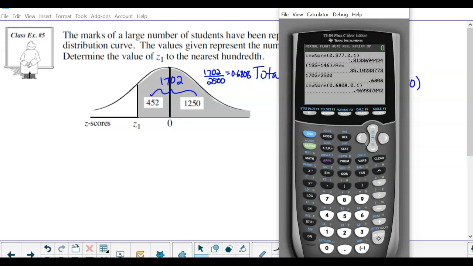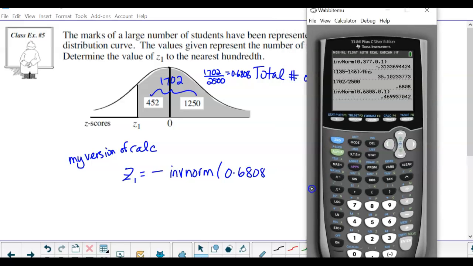So on my version of the calculator, Z1 would be equal to negative inverse norm of 0.6808, so negative 0.47.